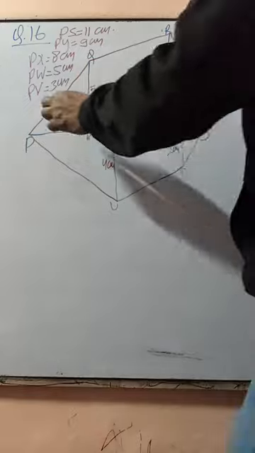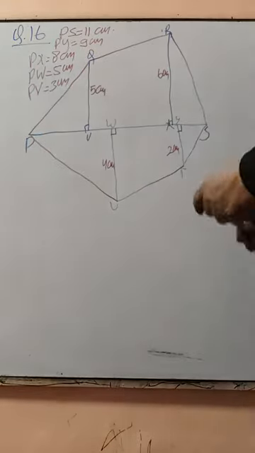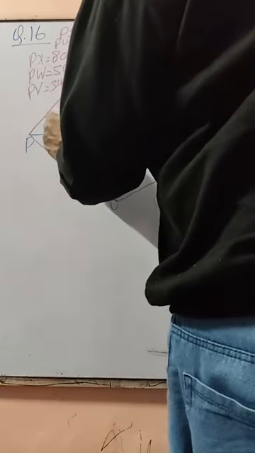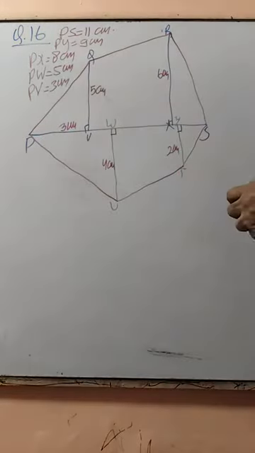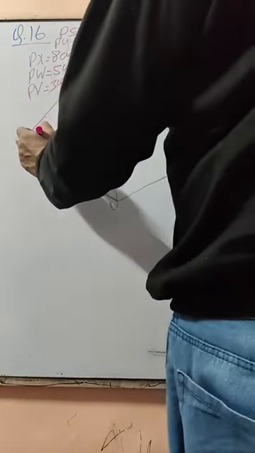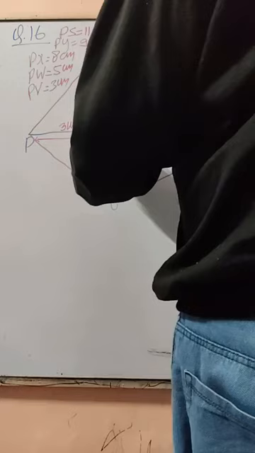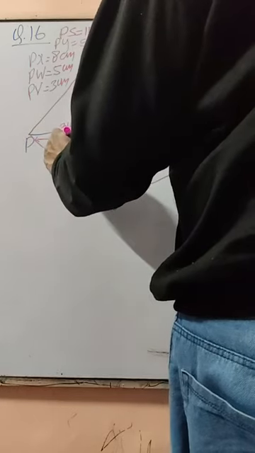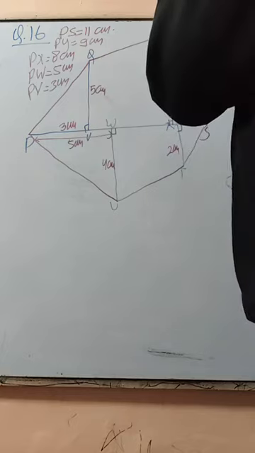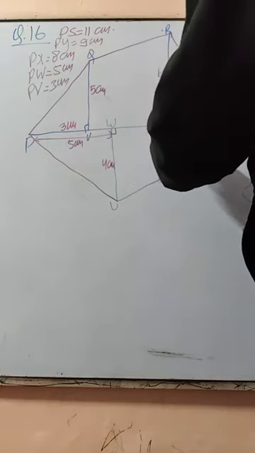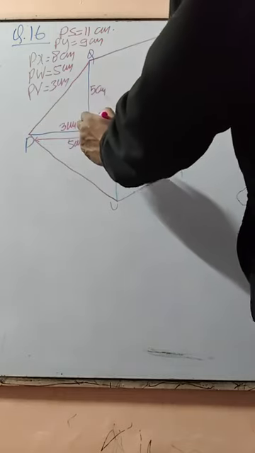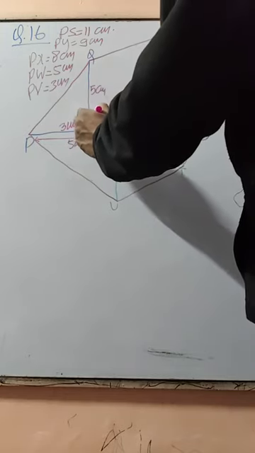This PV is given, no? Yes, this is 3 centimeter. And how much is PW? PW is 5 centimeter. Now how much was PX given? 8. So PX is 8.